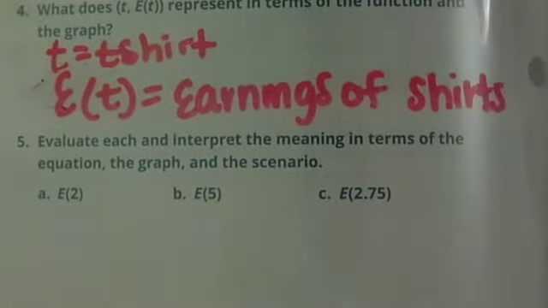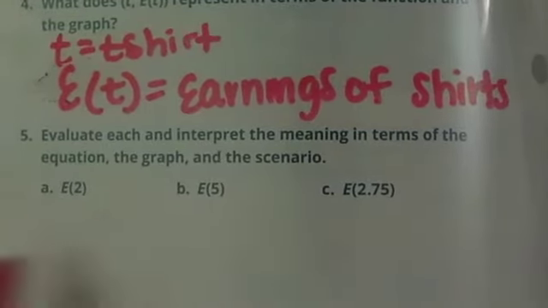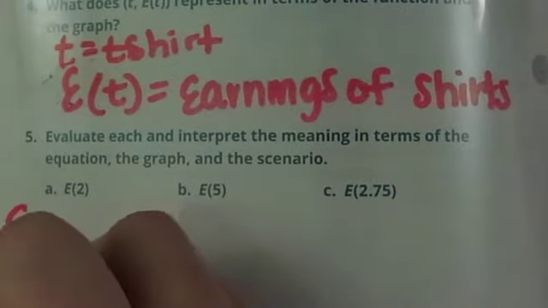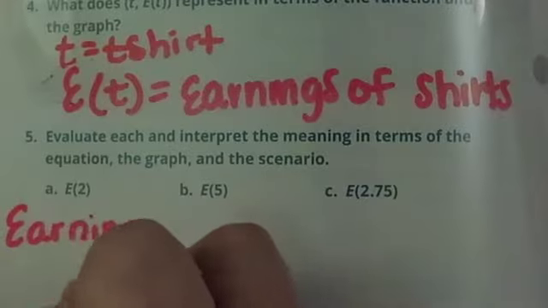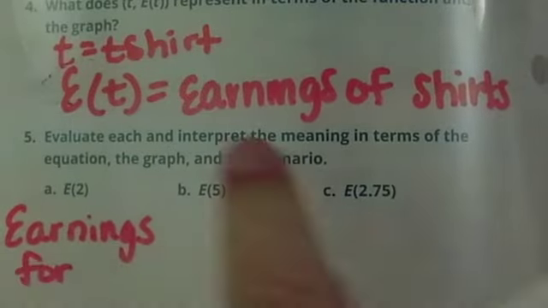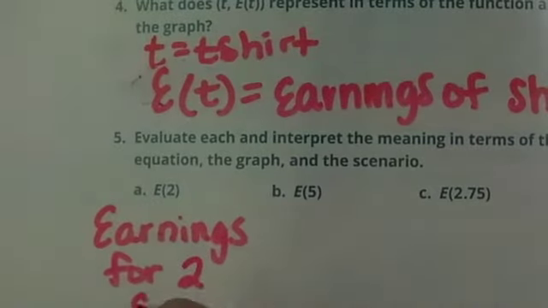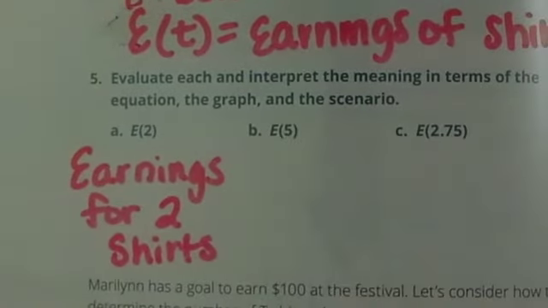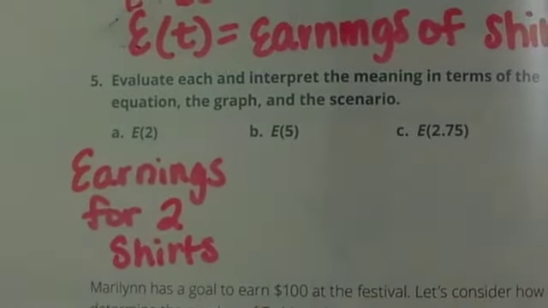Okay, so now this is where we're going to be interpreting the meaning. So E of T means earning for, remember it's for the number of shirts, so in this case for 2 shirts. This one would be earnings of 5 shirts, earnings of 2.75 shirts.